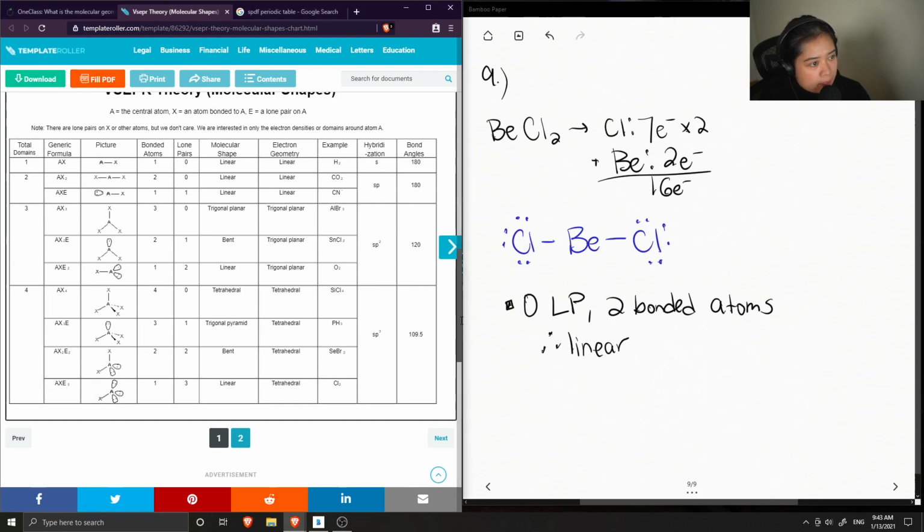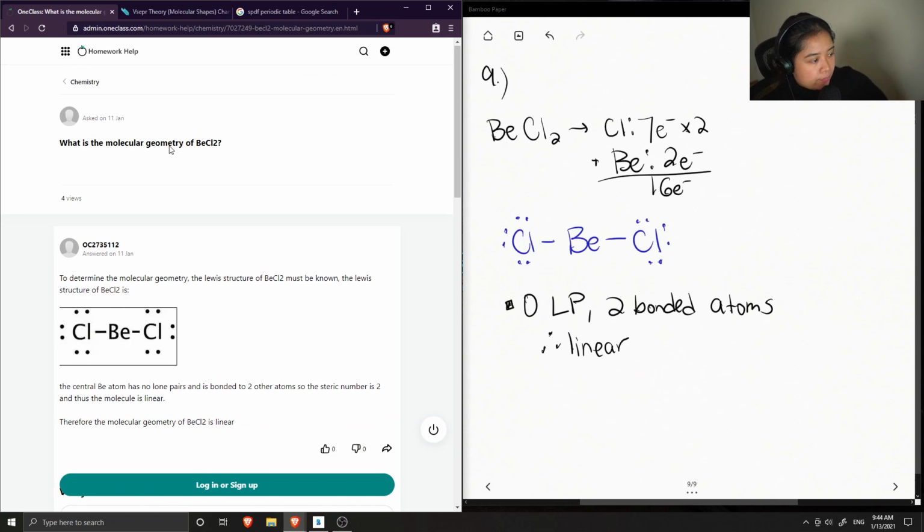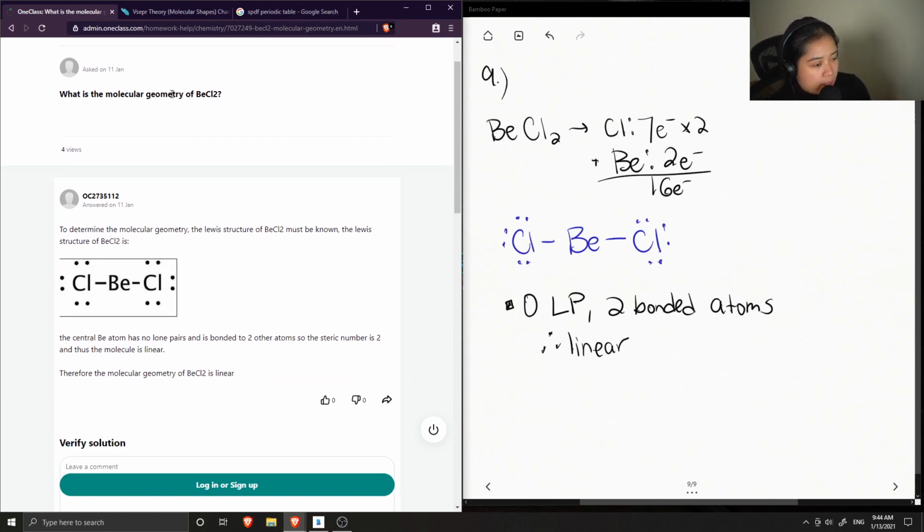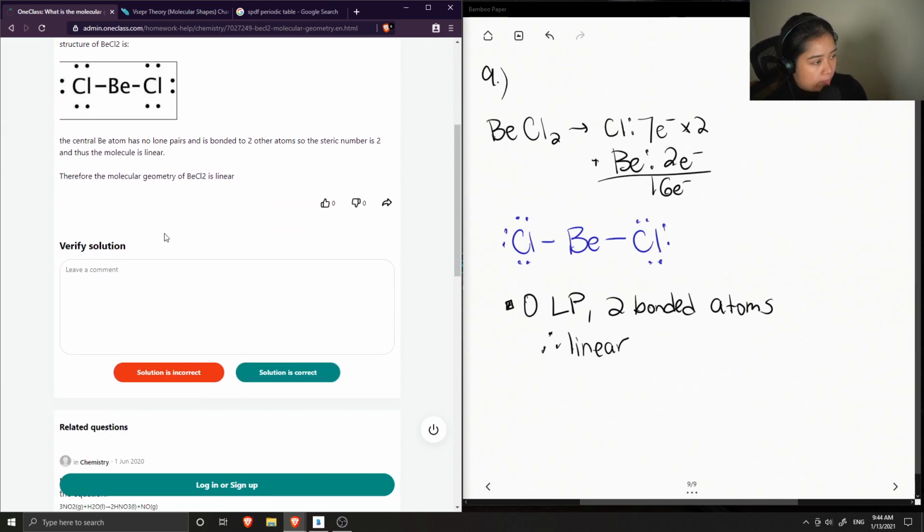And we can say that this is sp hybridization. The bond angle is 180 degrees. And the junior tutor said the same thing. So this solution is correct.